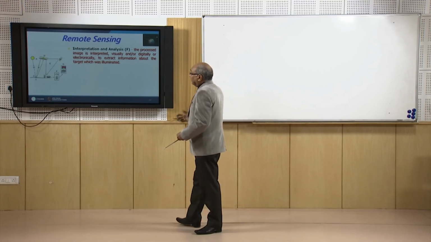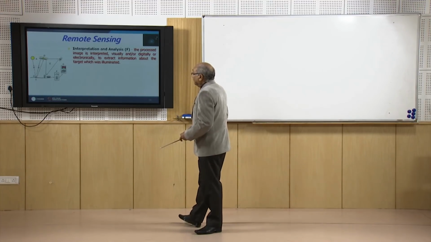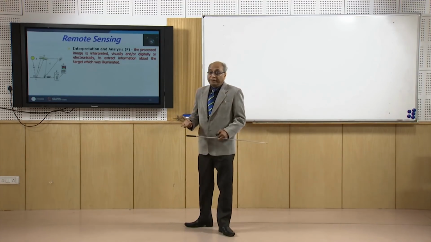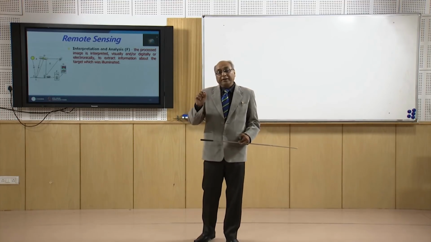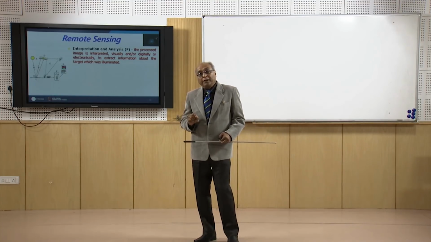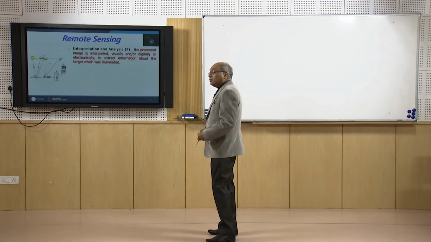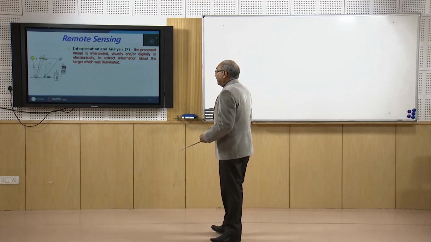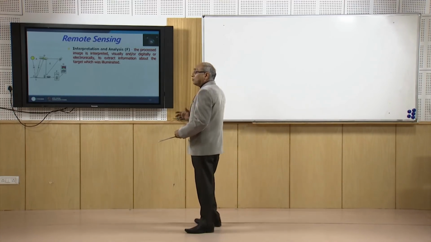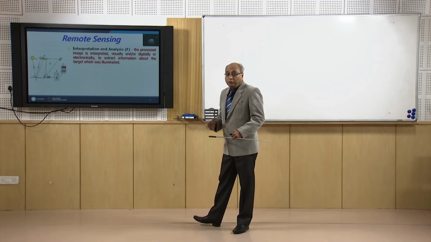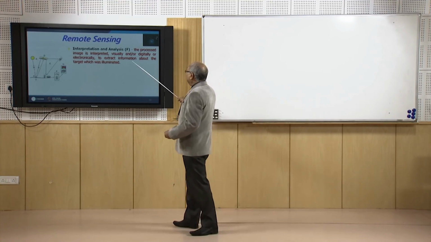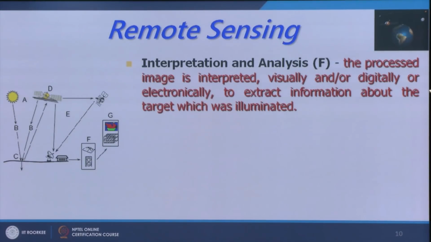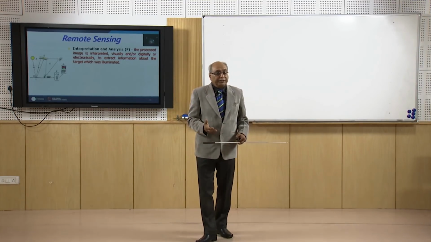Then comes the analysis part: how to remove the atmospheric distortions. Because the reflected energy goes through the atmosphere, this causes a lot of distortions in the data and ultimately in the images, and these have to be removed so that our image becomes much sharper, much more useful and interpretable. Then some other advanced image processing techniques are applied, and ultimately we go for pattern recognition or classification of images.